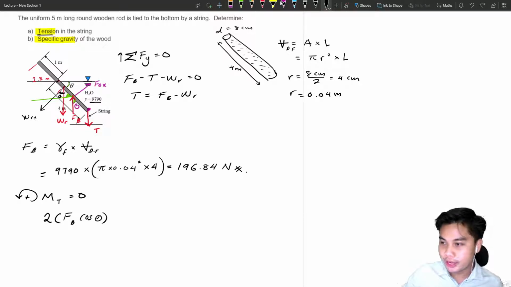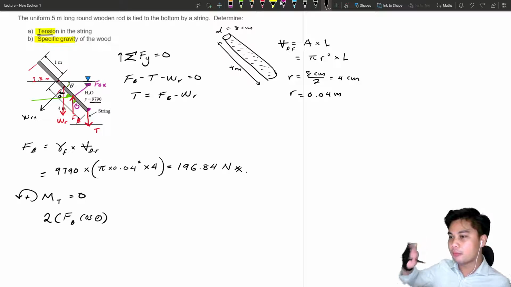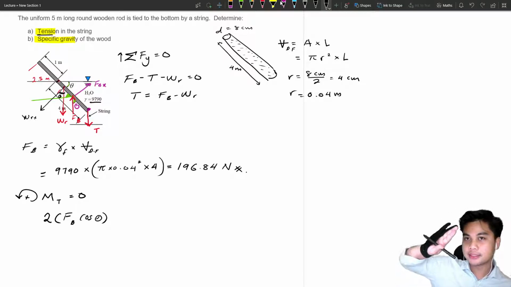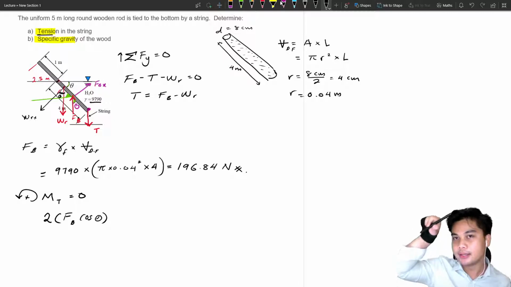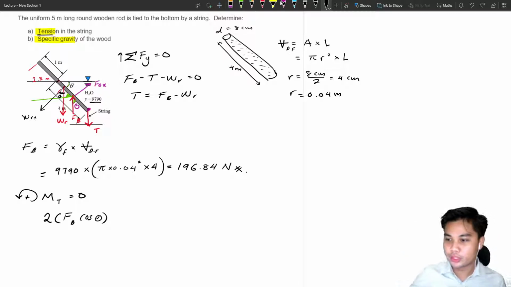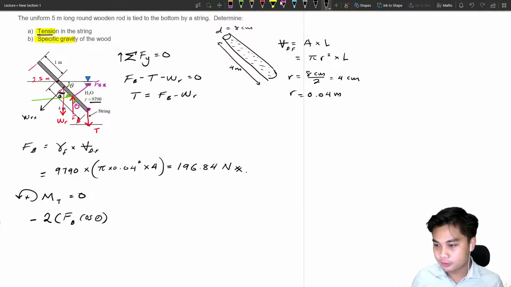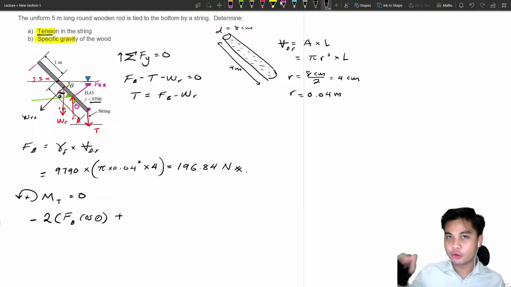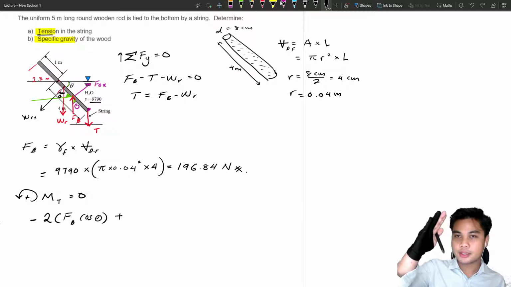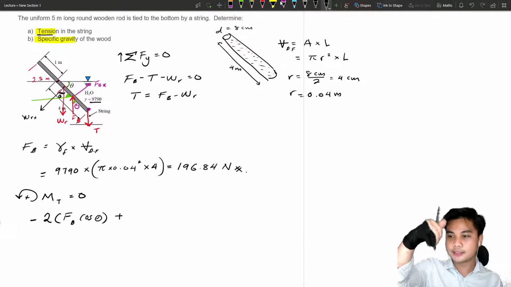But make sure for the FBX, from point T to FBX, when you try to curl your hand, it is down into the page. So it is negative. And for WRX, it is positive. Follow your right hand rule from here and try to curl your hand.